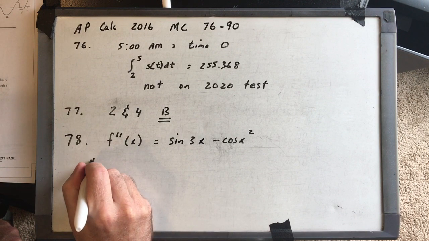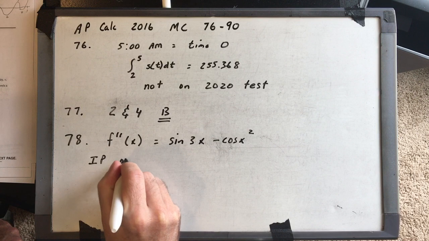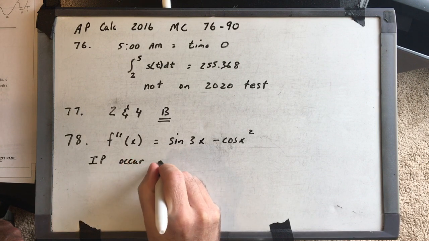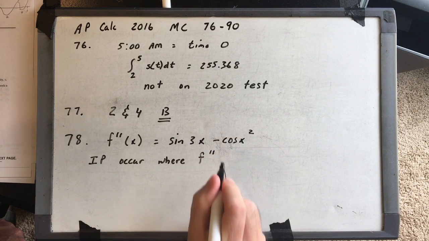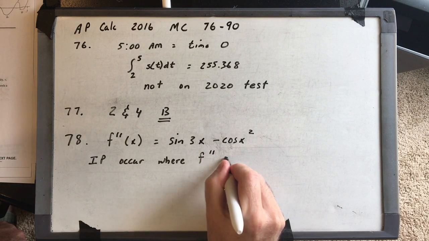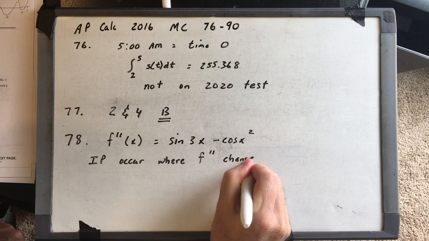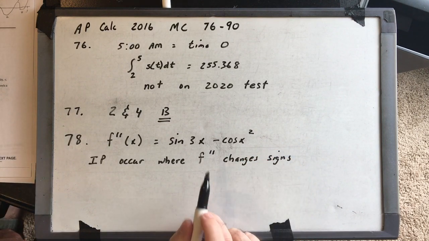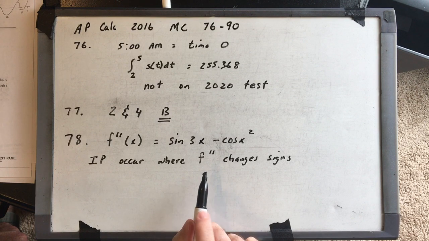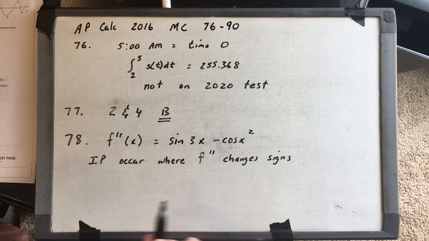So inflection points occur where f double prime changes signs, where the second derivative goes from negative to positive or positive to negative.